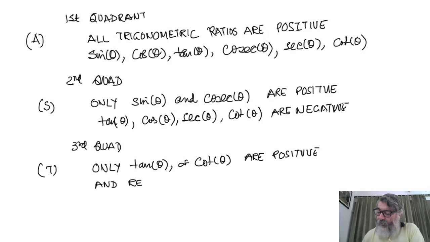Rest means the remaining trigonometric ratios. Leave tan and cot, and the rest, sine, cos, cosec and sec, are all negative. Only tan theta and cot theta are positive.